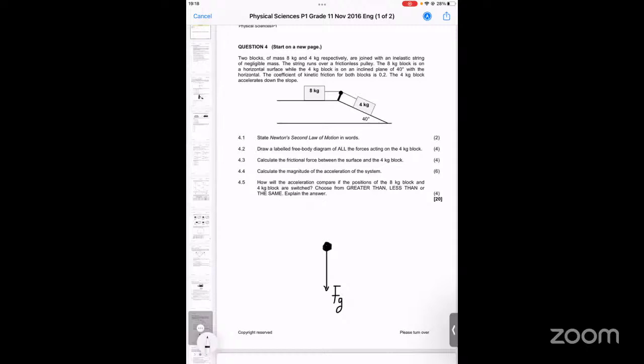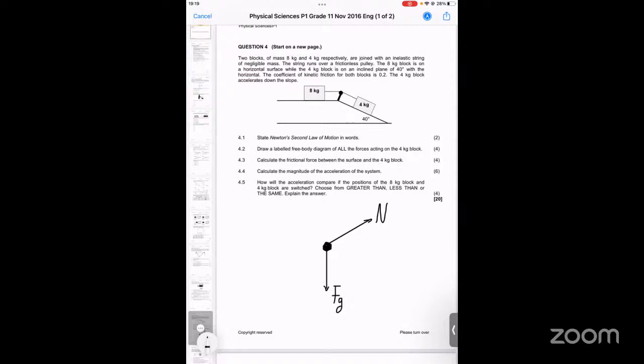And then the next one after FG, I always draw the normal force. I check if it exists. It will exist if a surface is there and it has to be perpendicular to the surface. Then you can just say N there.